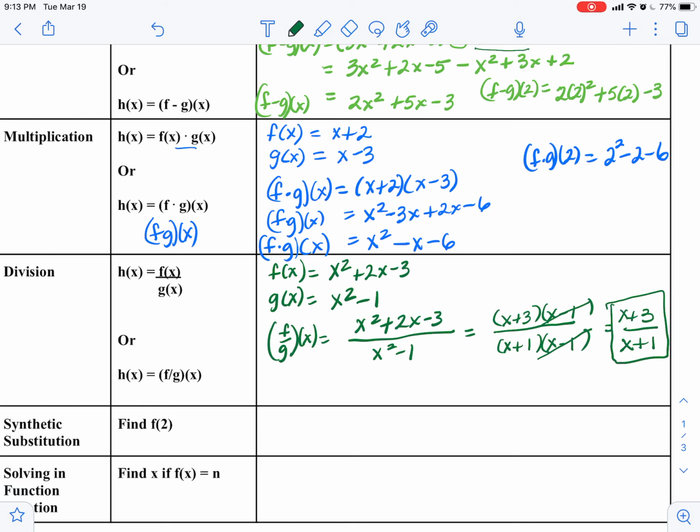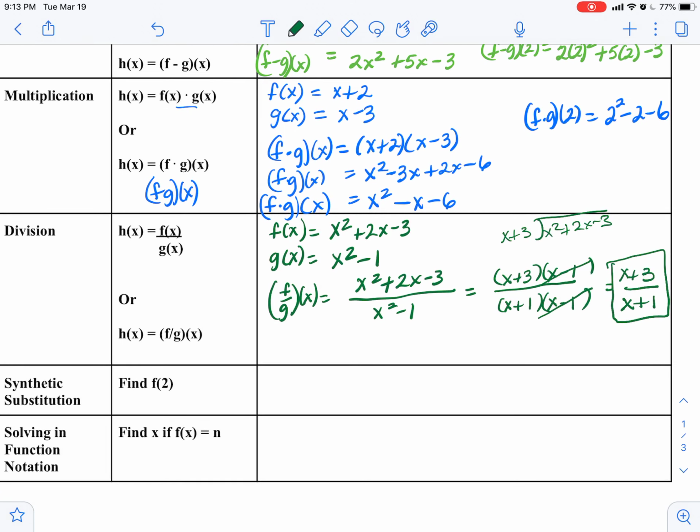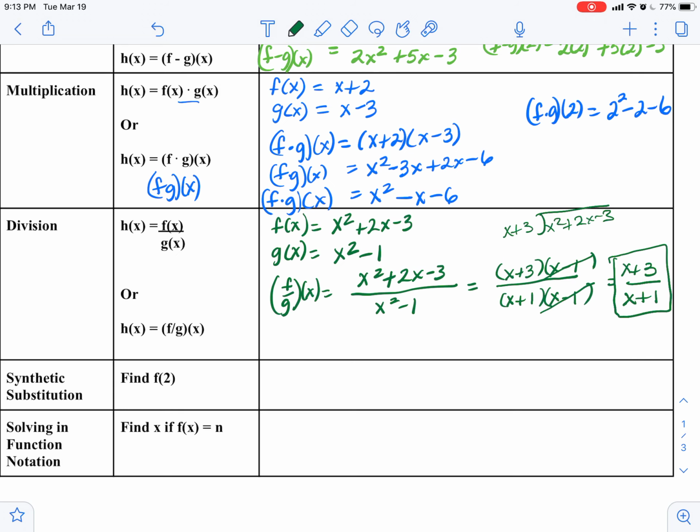Division, generally, you're going to need to either long divide, like what we did on the board today, where we set it up with something like x plus 3 and x squared plus 2x minus 3 or something like that. You're either going to do that or you're going to factor it like I just showed you here. Okay? The last one is just the substitution, which I've already showed you up above. If they give you a function, maybe it's f of x equals 2x minus 3, and then they say, okay, find f of 1.